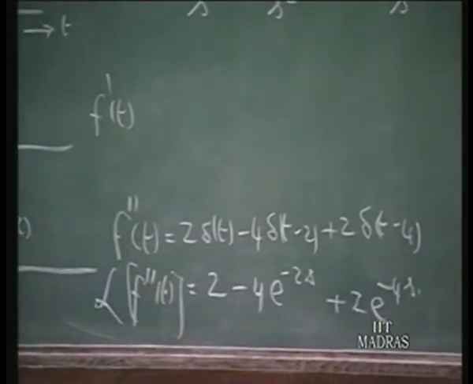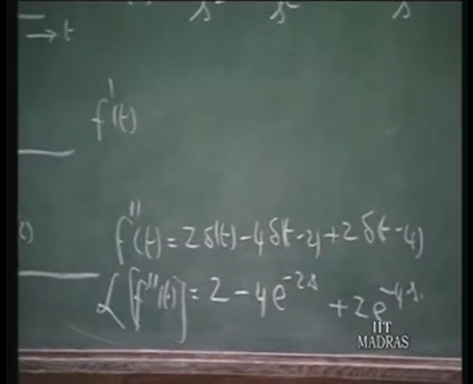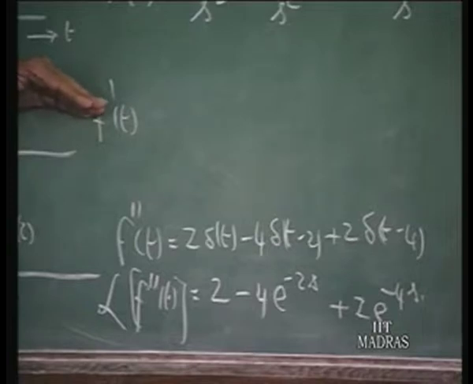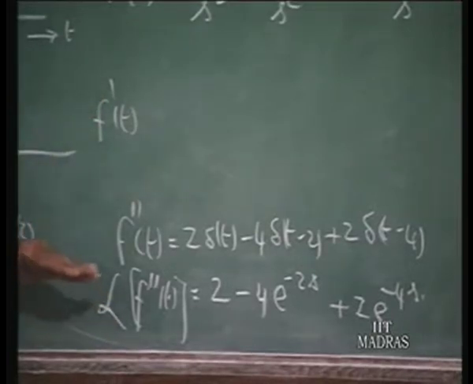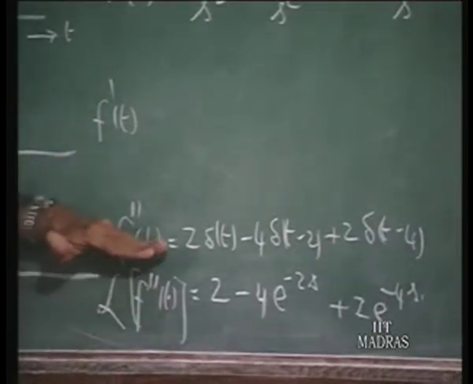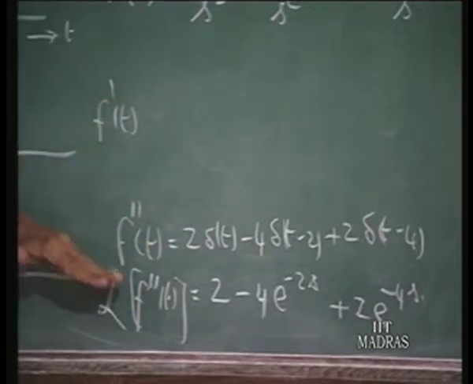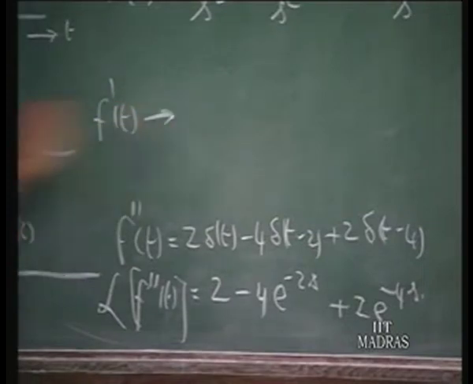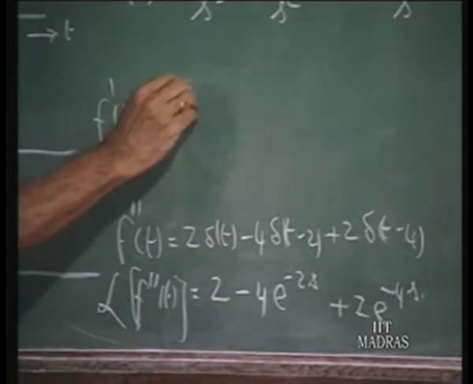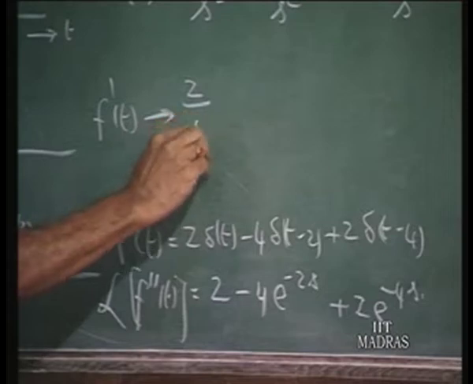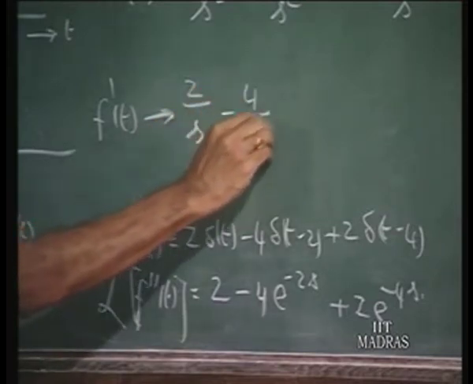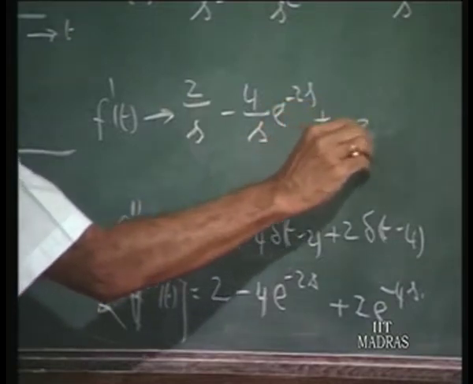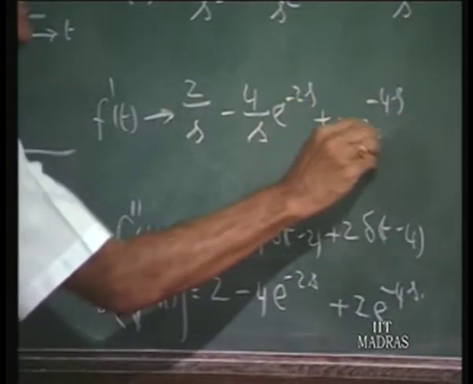So, that is the Laplace transform of the second derivative. The first derivative is obtained by integrating this. So, if you know the Laplace transform of this function, the integral will have the same Laplace transform divided by s. Therefore, this will have the Laplace transform 2 upon s minus 4 upon s e to the power of minus 2s plus 2 times e to the power of minus 4s over s.